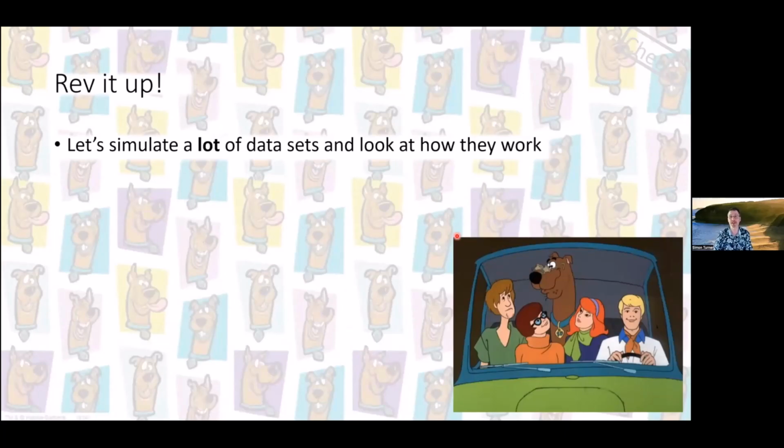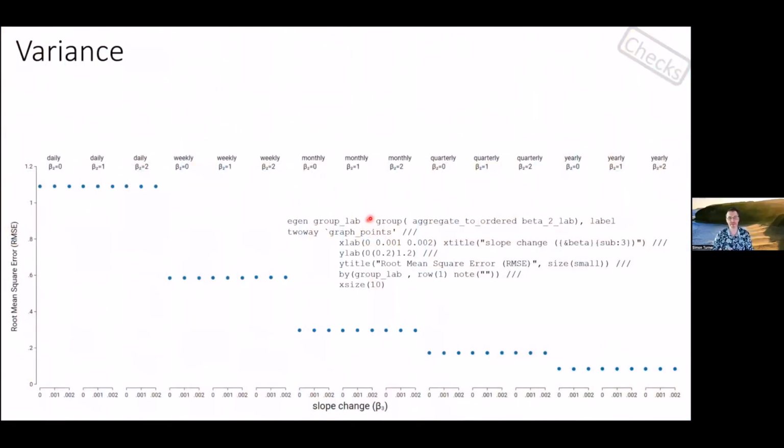Now, when we simulate, we're simulating millions of these, and then we want to double check that they're working. We could sit through and look through millions of individual graphs, but obviously, we're not going to do that. So let's have a look at one of the graphs that I use for checking things like the variance. Here's a Stata graph where I've used a double bar graph.